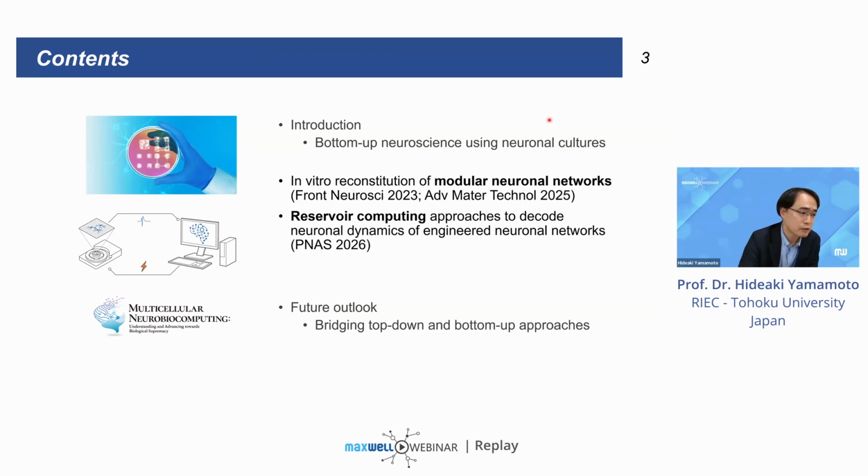And then I'll describe some of our recent works on the in vitro reconstitution of neuronal networks possessing modular organization. And secondly, reservoir computing approaches to decode neuronal dynamics of these engineered neural networks. And then I'll finally comment on some of our recent attempts to bridge top-down and bottom-up approaches towards the end.